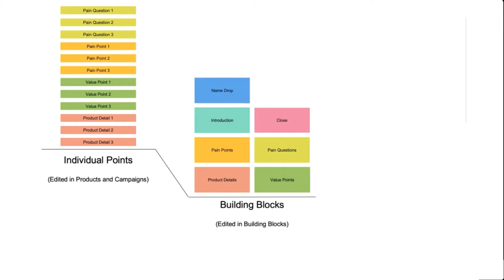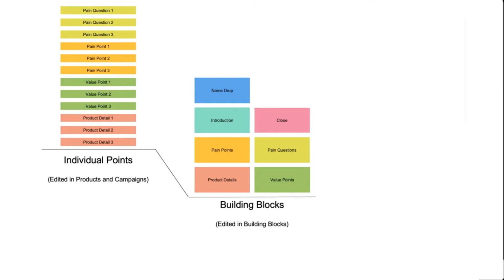We can take your individual product points, such as your differentiation and key details about your product, and create a building block for your product and for all the things that you should talk about regarding your product. We can create a building block for your value, for your pain points and whatnot.